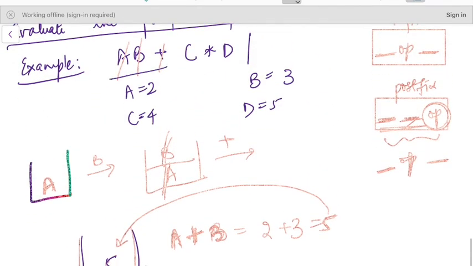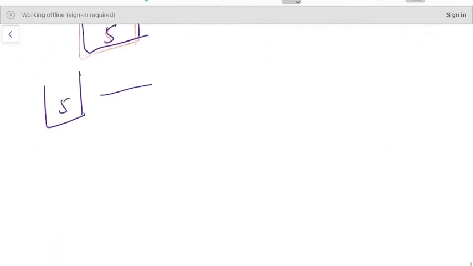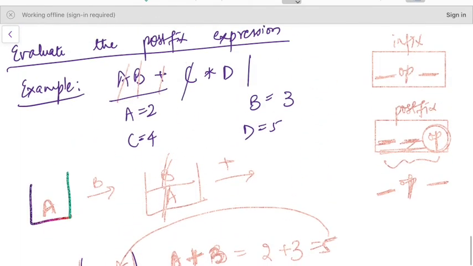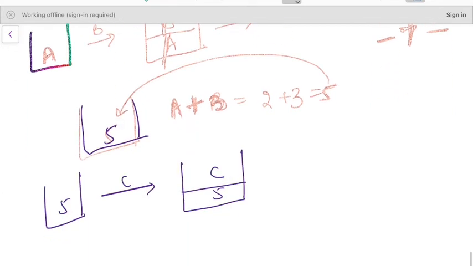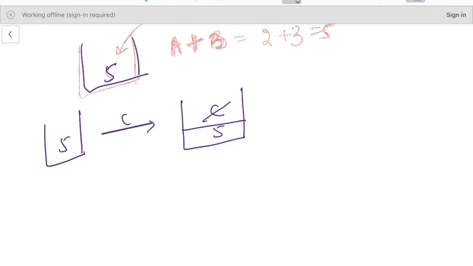We are done with this part, and then comes C. This is an operand, so move it to the stack. And then comes multiply. This is an operator, so pop these out, C and then 5, and then multiply.